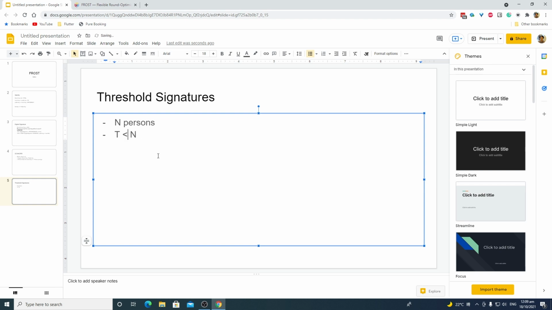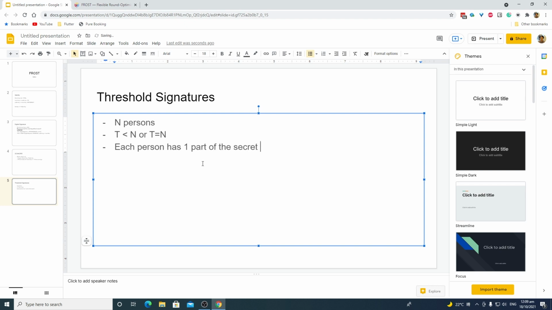So you have n persons, and you have another parameter which is called the threshold t, with t lower than or equal to n. Remember that equal is possible, so t can equal n.